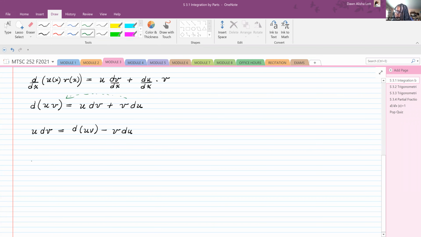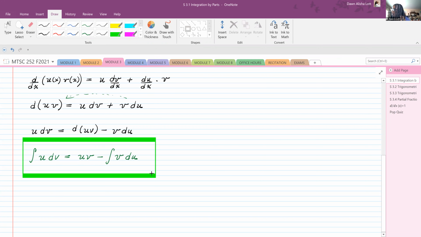Okay, so now I'm going to integrate. So I get the integral of u dv is equal to, when you integrate the derivative, you just get the function back. So I get uv, and then I still have to integrate v du. So this right here is the formula you need to go home and memorize.